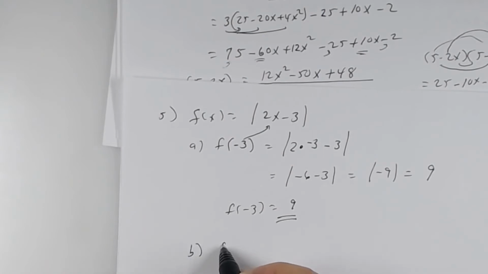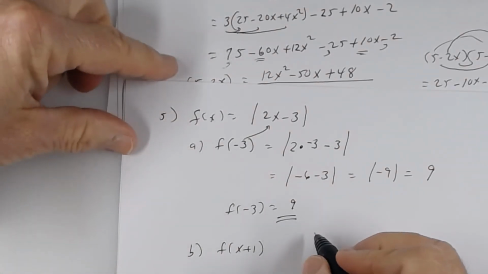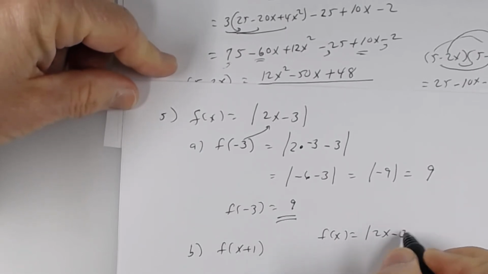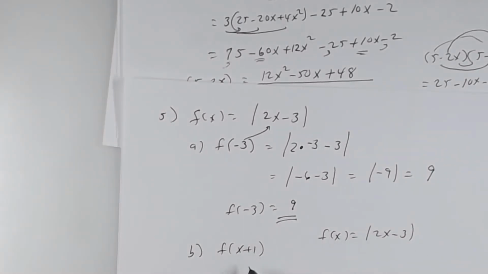Okay, now, part B. What if you want to find f of x plus 1? Now, this is going to get some of you in terms of what the answer looks like. F of x plus 1. So I'm going to go ahead and rewrite this over. So here's my function. So again, wherever you see the variable x, what do I substitute? X plus 1.